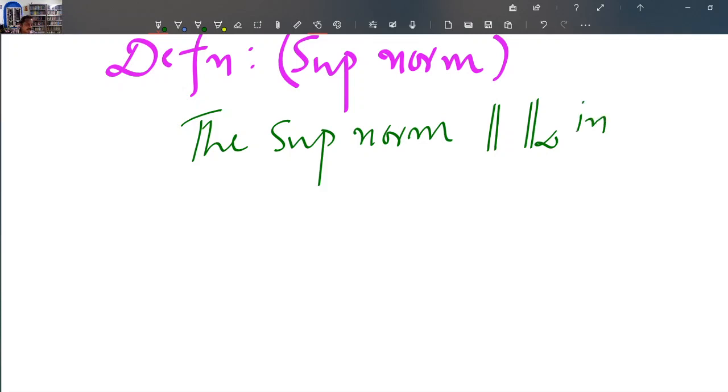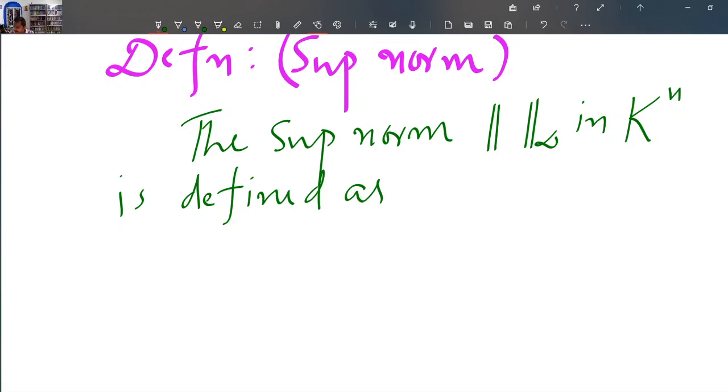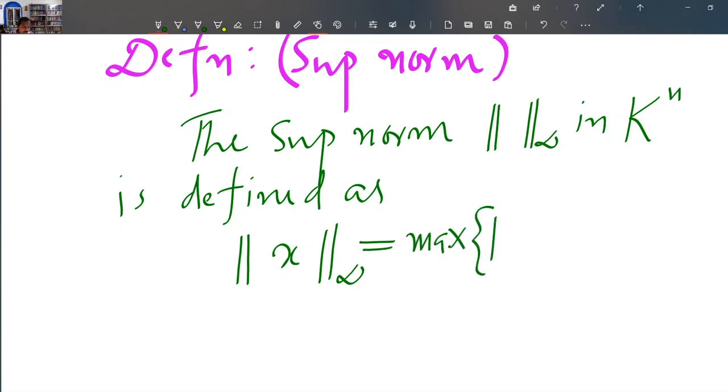In Kn, you know K is R or C. For x in Kn, the sup norm of x is equal to the maximum of modulus x of 1, where x is x of 1, x of 2, etc., x of n.